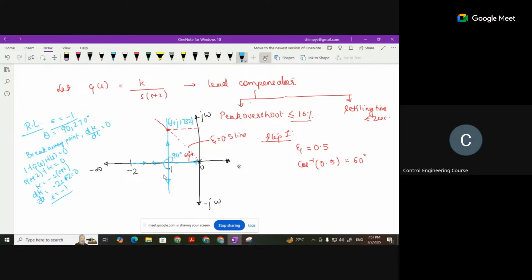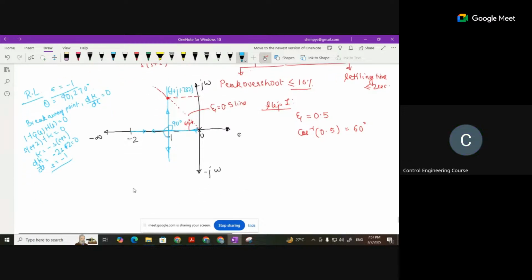So what will be K here? K can be calculated quickly from here. Okay. K comes out to be 4 here. For this, K comes out to be 4.